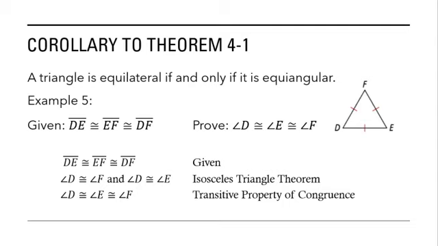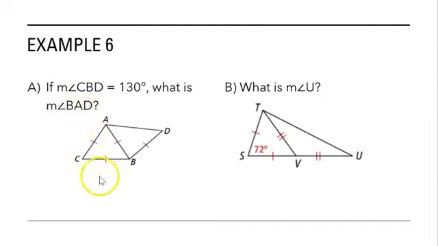Let's look at some examples where we apply this fact. In example 6a, it says if angle CBD, so CBD is this bigger angle here, is 130 degrees, what is the measurement of angle BAD? So that's this smaller angle right here. Now, I notice all these congruent symbols. I know that ABC has three congruent sides.